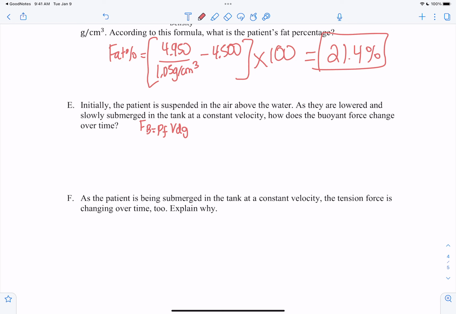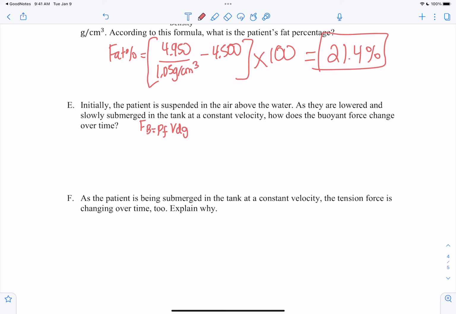If we were to dip some ice cubes in, you would slowly see the volume displaced increase, because we went from zero volume displaced, just the water without any patient in it, to submerging more of the patient, more of those ice cubes. So the volume of the water displaced by the patient increases, so the buoyancy force increases with time.